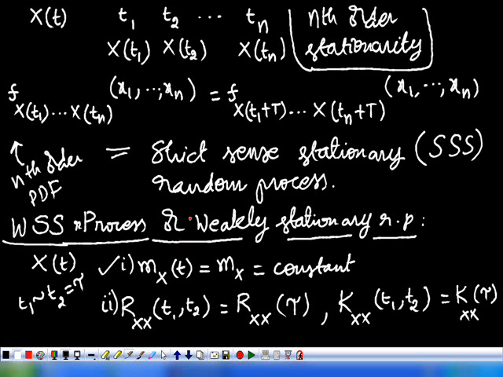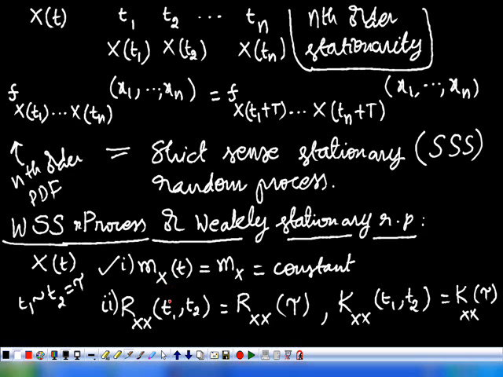Here we can make a statement: if the random process is a strict sense stationary process, then it is wide sense stationary also. But if the random process is wide sense stationary, it may not be strict sense stationary, because here we are concentrating only on two parameters, the mean and the correlation and covariance.